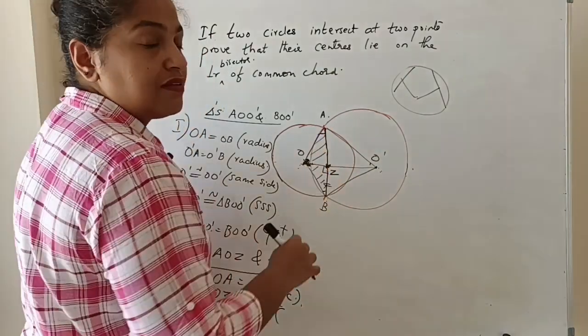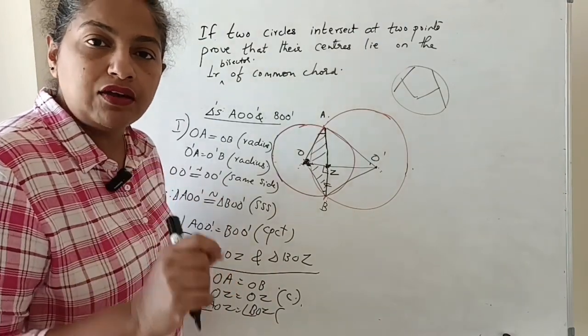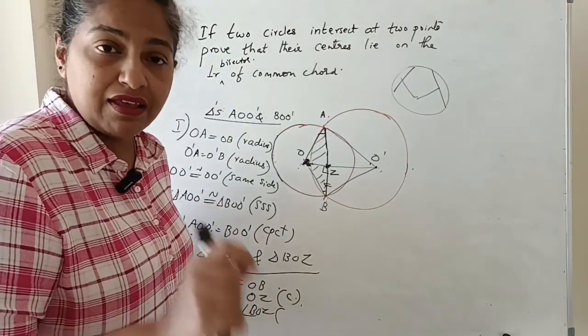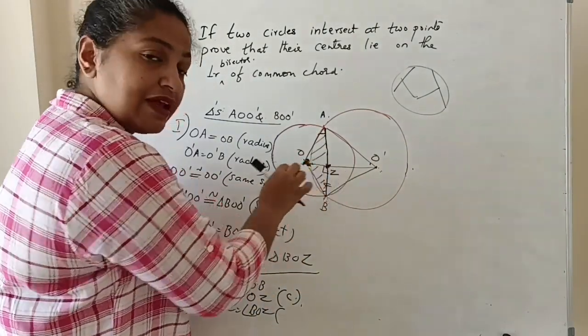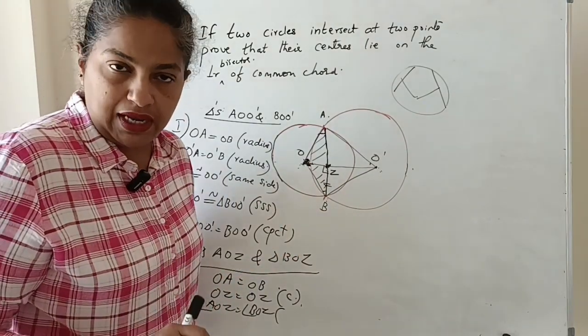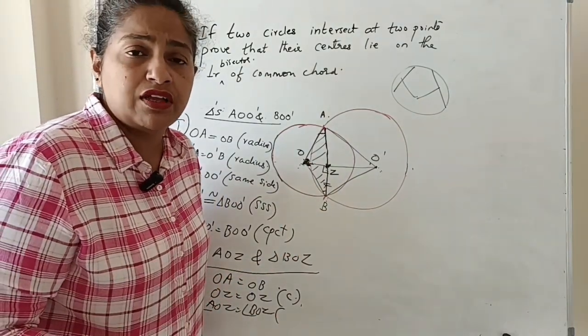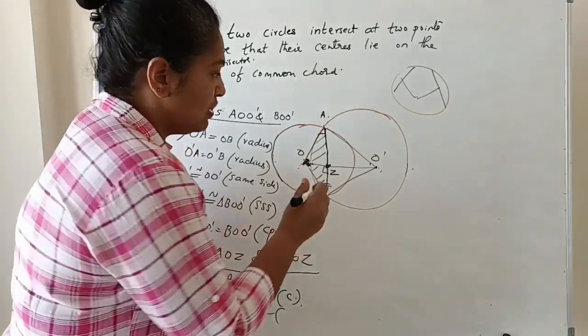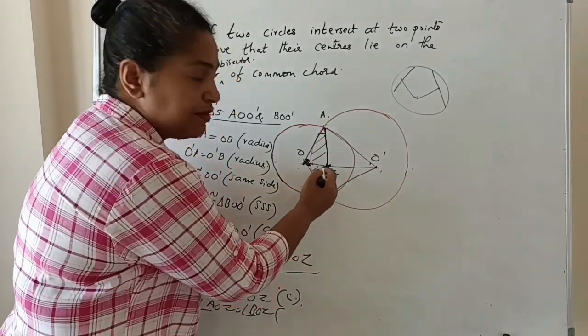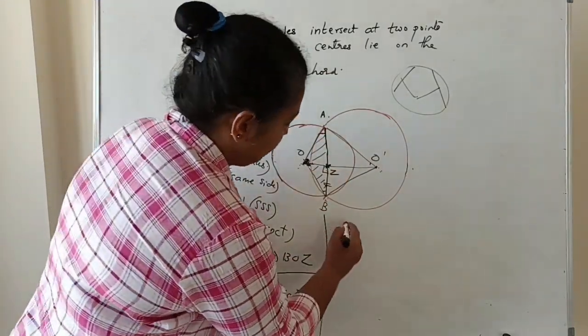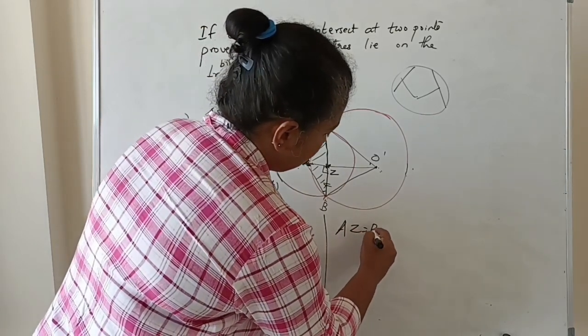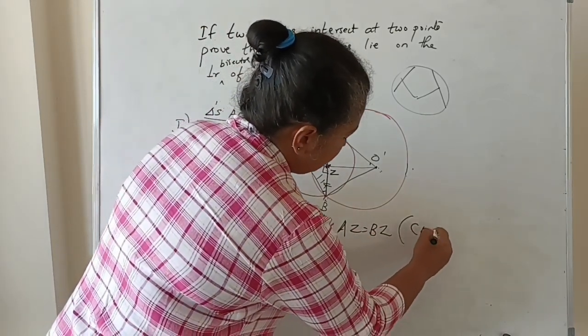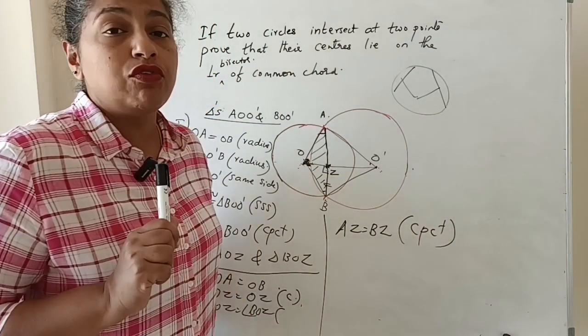So these two triangles are congruent by which congruence? They are congruent by SAS congruence, side angle side congruence. Because these two triangles are congruent, what can I say about the corresponding sides? I can say that they are equal. So I can say that AZ is equal to BZ, by CPCT. So the first part of our proof is over.